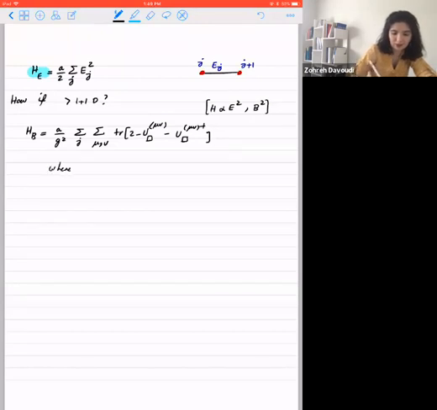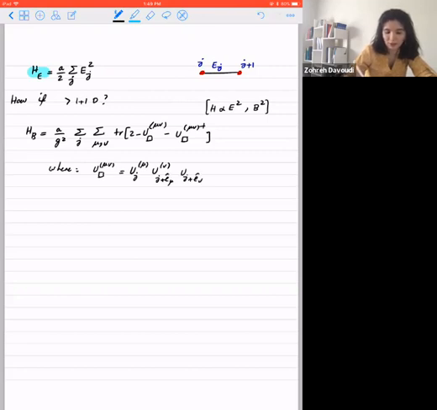where this plaquette operator is defined as following: U_j along the mu direction, U_{j+e_mu} along nu direction, U_{j+e_nu}. These are unit vectors along mu and nu directions. Then U_mu dagger, U_nu dagger along j.